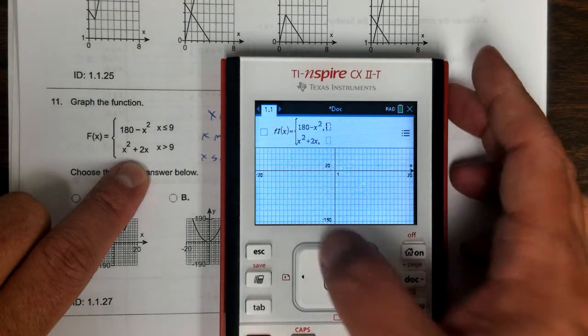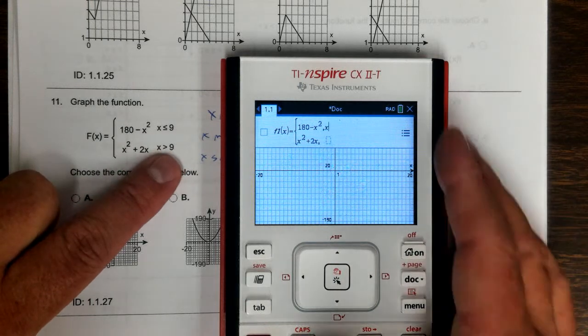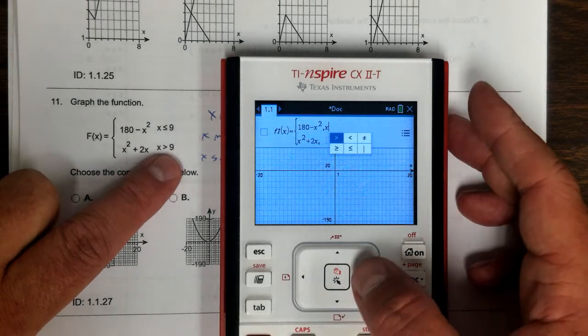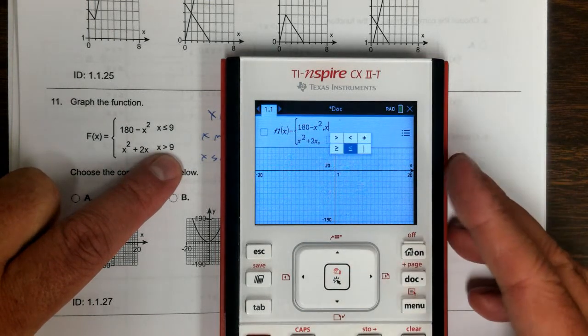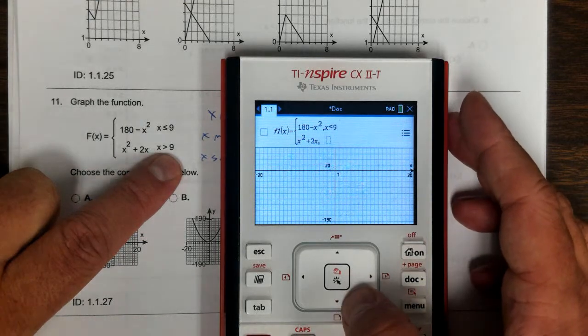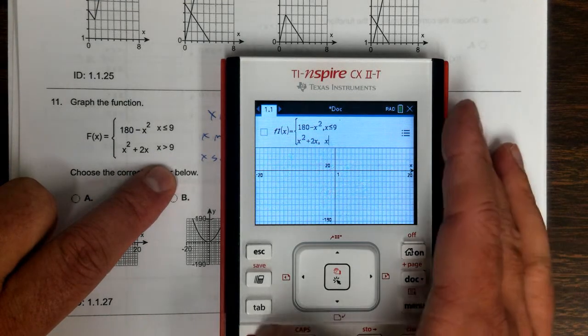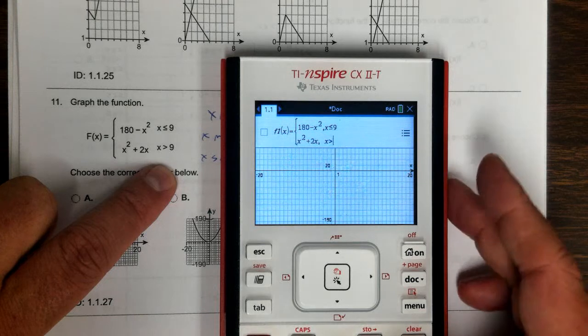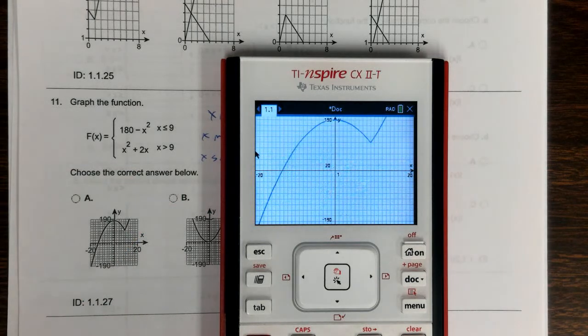Then you do your conditions, x less than or equal to 9, and x greater than 9. And then there it is.